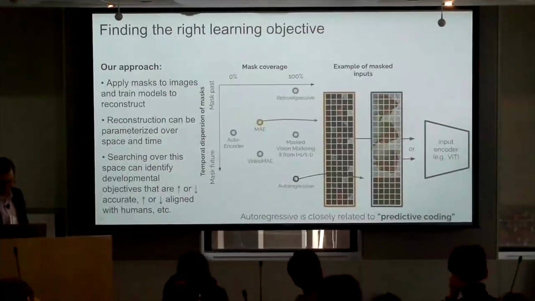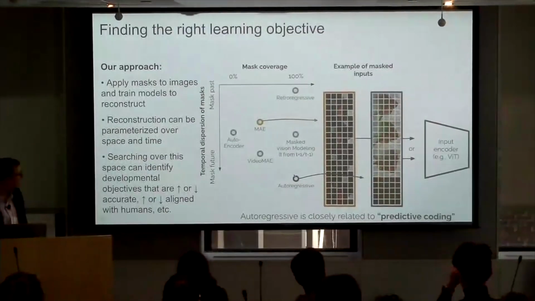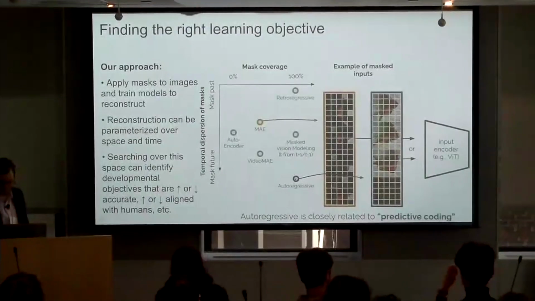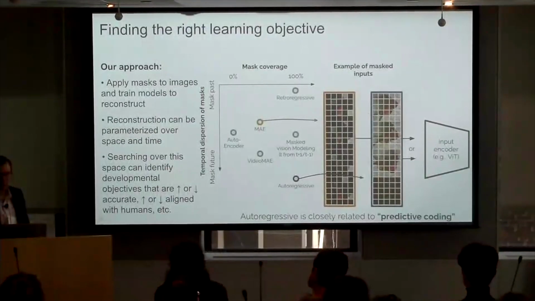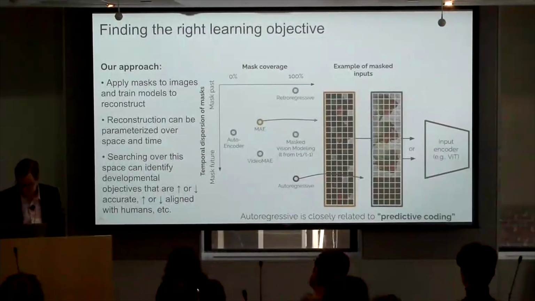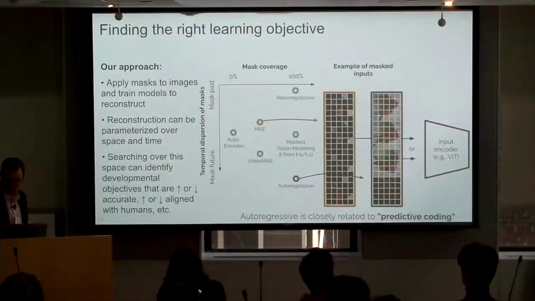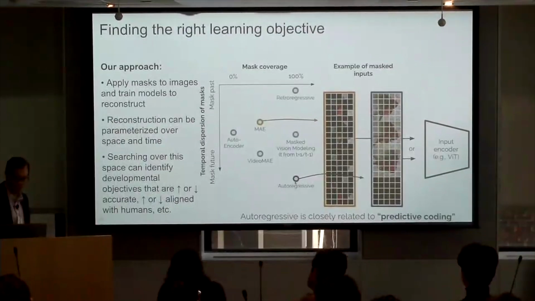We can also represent an autoregressive model in this diagram. This is what we commonly refer to as predictive coding in neuroscience. You have a sequence of frames and you want to predict the next frame. So it's a full frame to be reconstructed, here at 100%, and we're trying to predict the future. When you think about it, most framings of self-supervised learning will fall as one data point on this plot.